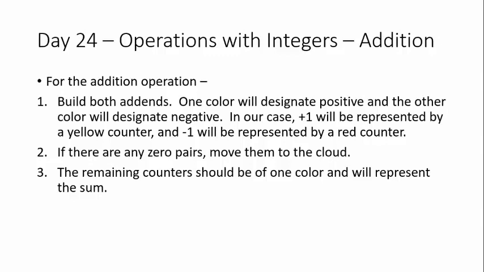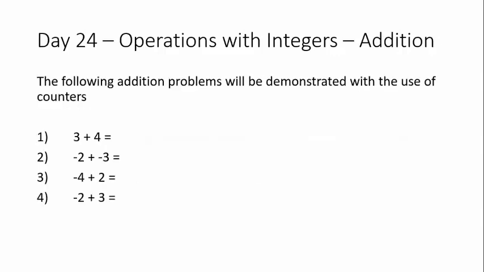After we've built the add-ins, if there are any zero pairs, we'll move them to the cloud. The remaining counters should all be the same color, and this will represent the sum. I'm going to demonstrate these 4 addition problems one at a time using the counters. Follow along as I demonstrate.